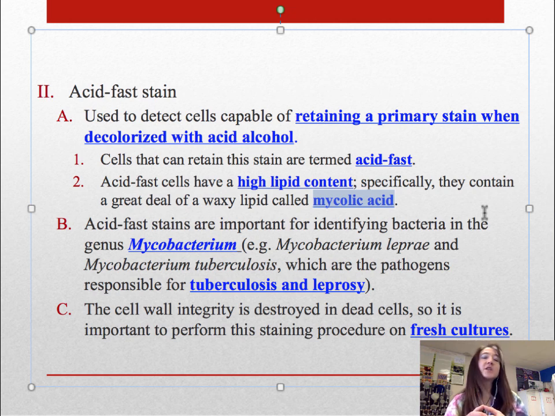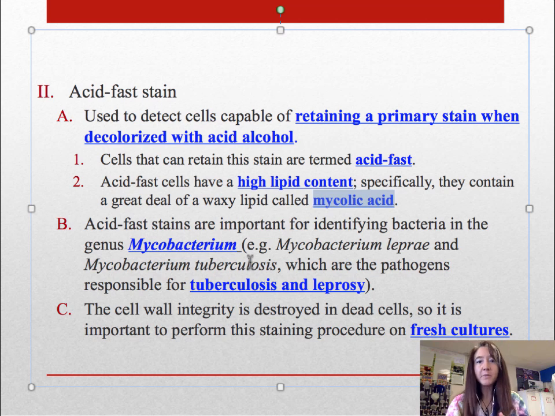Now, this stain actually turns out to be diagnostic because those bacteria that cause tuberculosis and leprosy are actually acid-fast. Those two bacteria are both Mycobacterium. Now, look at this term, mycolic acid. Mycobacterium. See, the first four letters in both words are the same. Mycobacterium have mycolic acid.